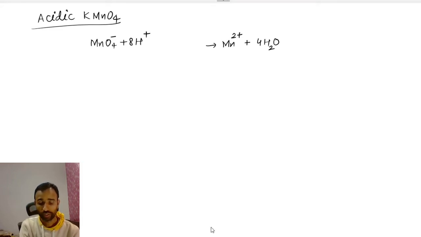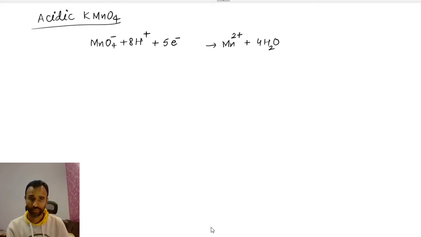Now on the left side, total 8 plus and minus 1, in total 7 positive. On the right side there is 2 plus. So to balance the charge we have to add 5 electrons. So this is for KMnO4. It acts as an oxidizing agent, gains electrons.